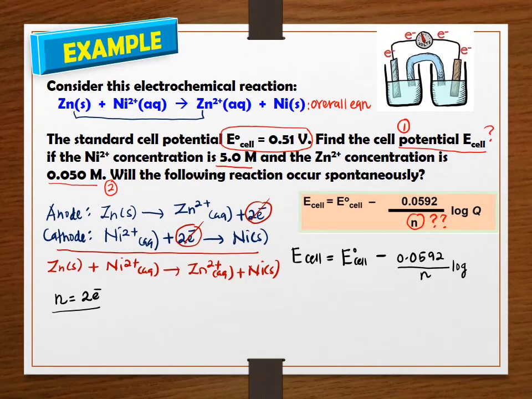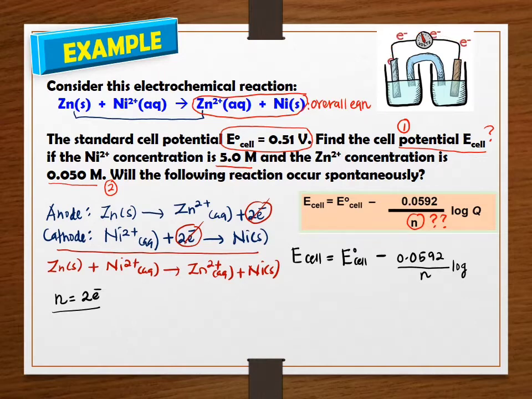So kelas, tengok dalam kita punya overall equation. Okay, so overall equation kita, produk kita adalah zinc 2 plus dengan nickel solid. Okay, if you still remember, in Q, formula Q yang kita ambil kira adalah aqueous atau gas phase. Saya repeat, yang kita ambil kira adalah aqueous atau gas phase. So solid and liquid phase will not involve in reaction quotient.